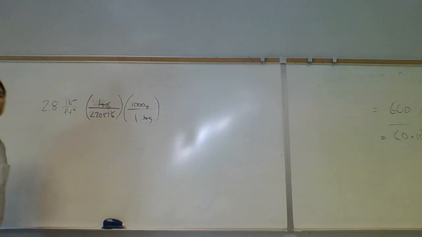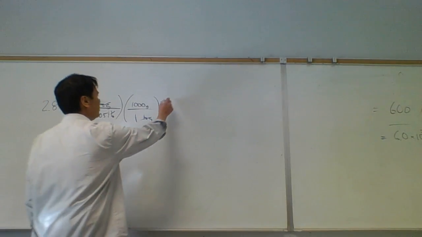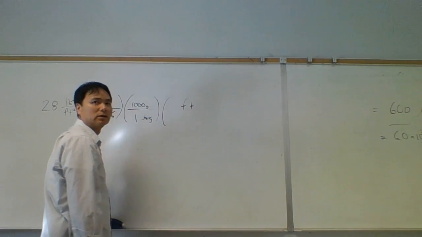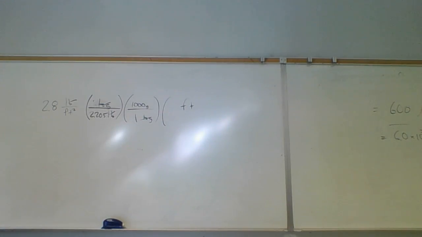And so we converted the top. If we convert the top, then we just have to convert the bottom. When we convert the bottom, we've got to get it to cancel out. And so we want foot cubed to cancel out. Do you know any conversion factors with foot cubed? No. But you'd say, okay, I don't know it, therefore this must be a given.